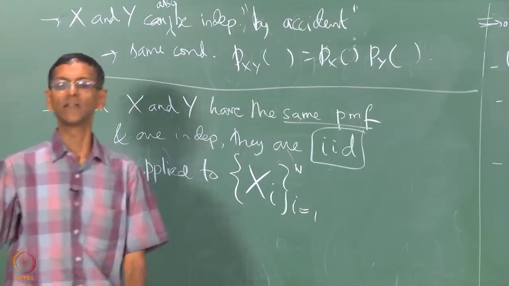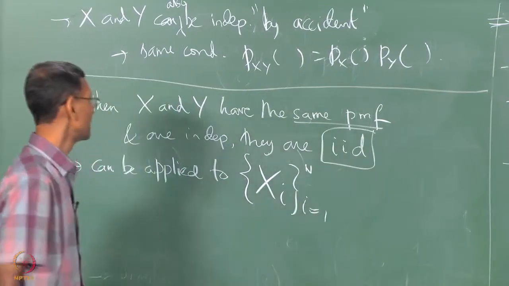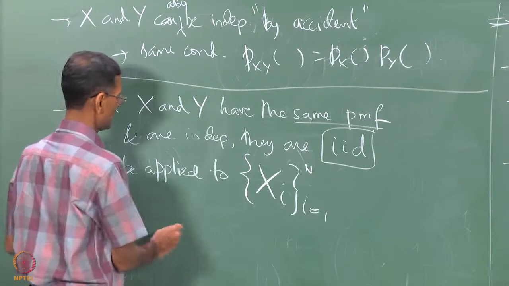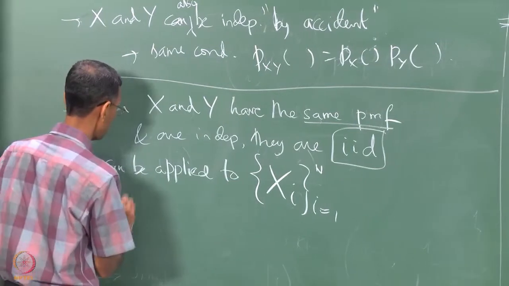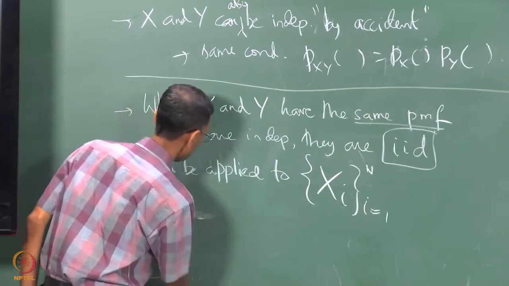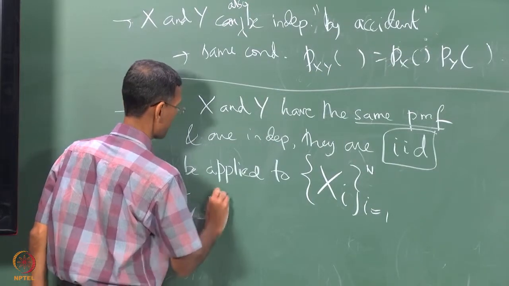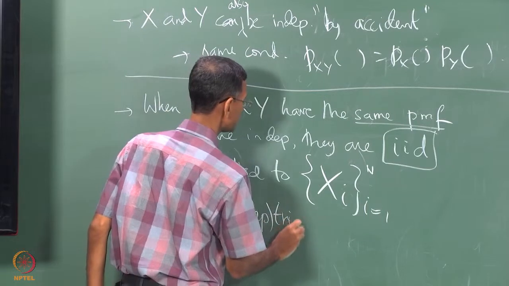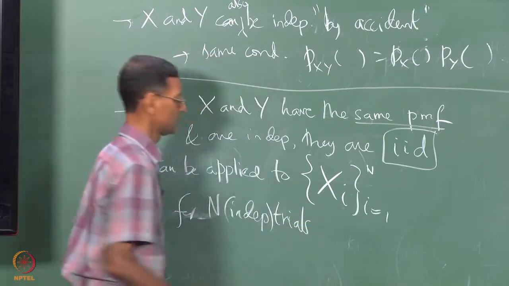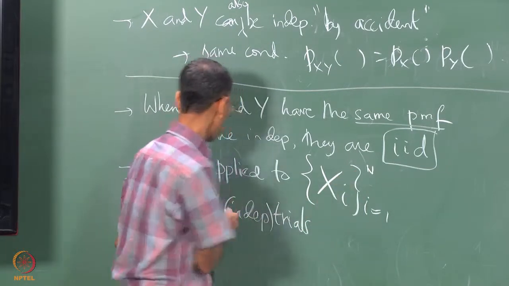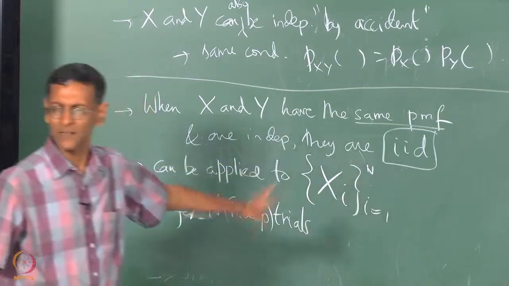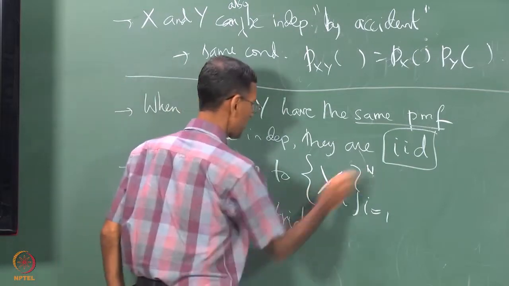So, I can have a sequence. xi can be, let us say, for n independent trials. Of course, they are always independent, I am just saying it. Usually we interchangeably use uppercase n and lowercase n. Let us leave this as n, uppercase.